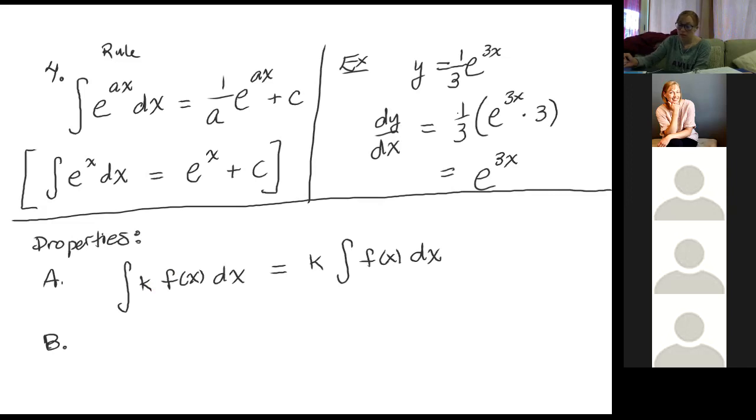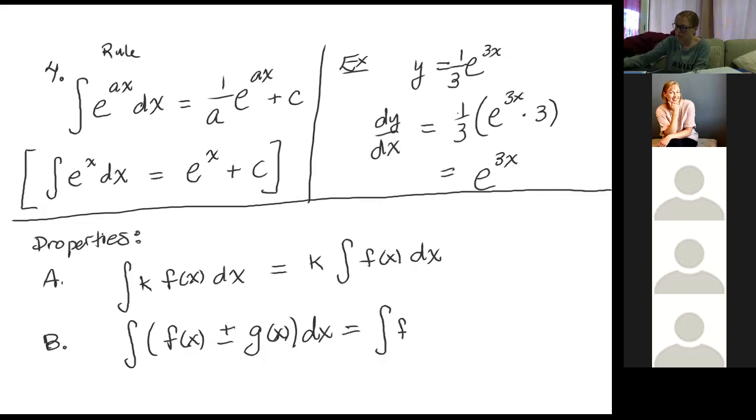And then similarly, just like we can do with derivatives, if I'm wanting to find the antiderivative of some function f of x, plus or minus another function, g of x dx, then I can split up those two terms. I can write this as the antiderivative of that first function, f of x, and then add or subtract the antiderivative of the second function with respect to x.